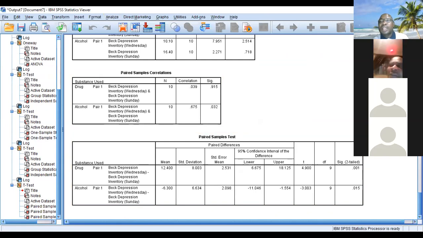I think, was any of them significant yesterday? Yes, both of them, even here, are now significant between Sunday and Wednesday. Both of them are significant here. And if you look at it, it's like one was not significant yesterday.